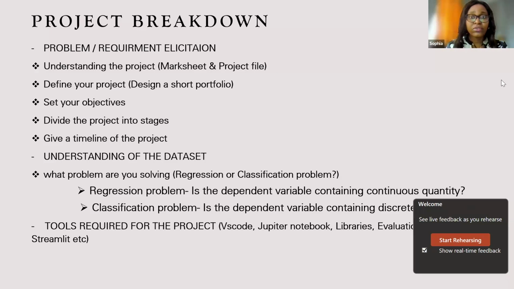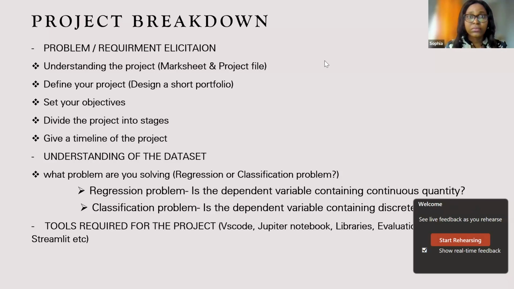To ascertain if it's a regression problem, you need to check if the dependent variable contains a continuous quantity. And it's a classification problem if the dependent variable contains a discrete quantity.